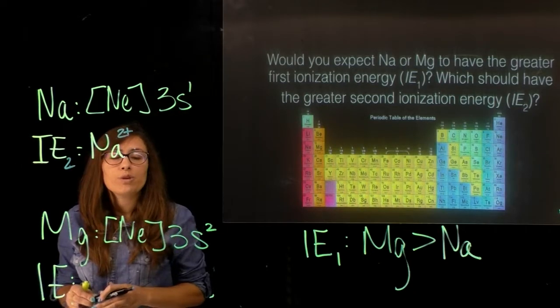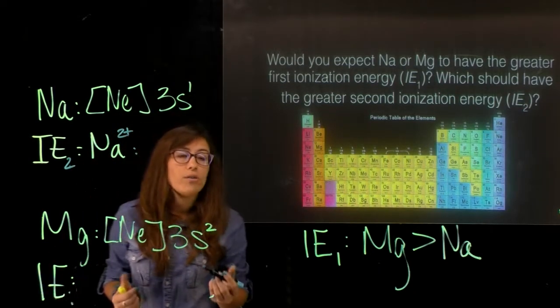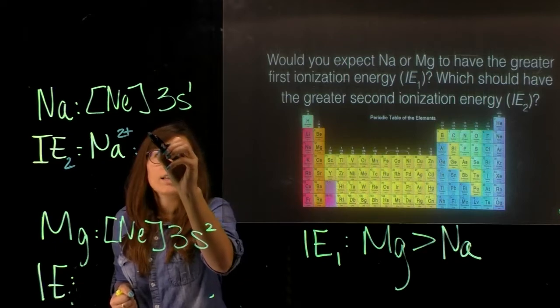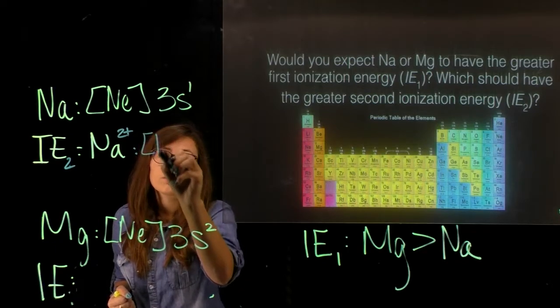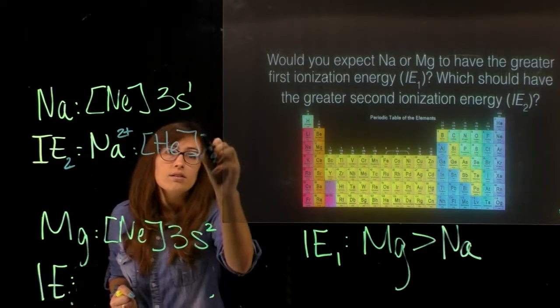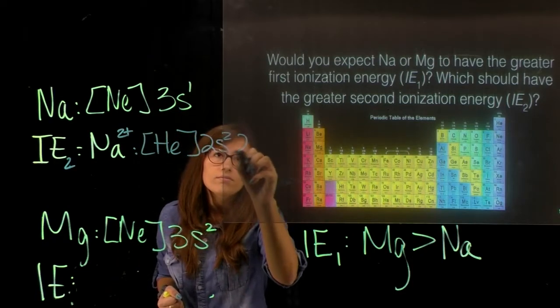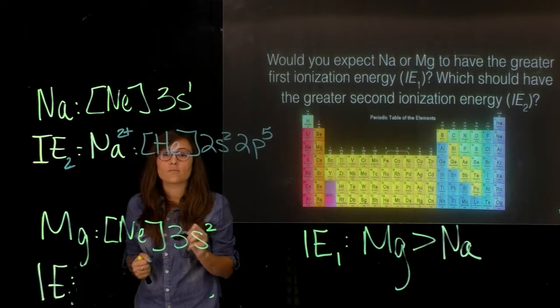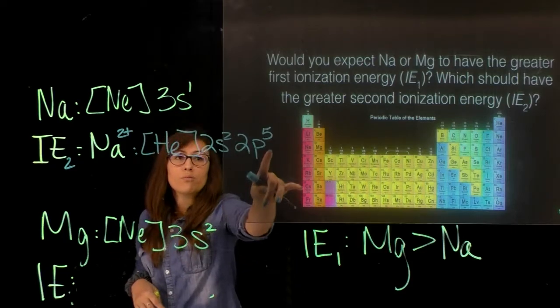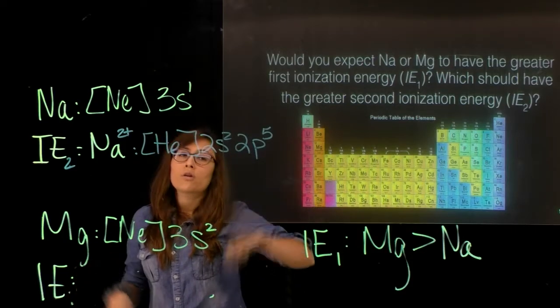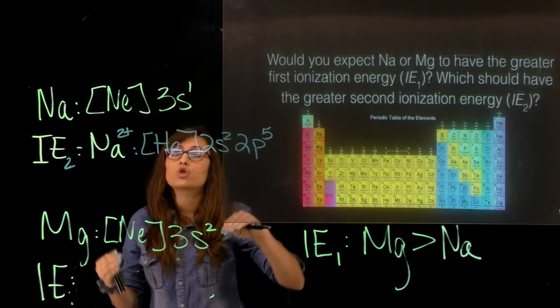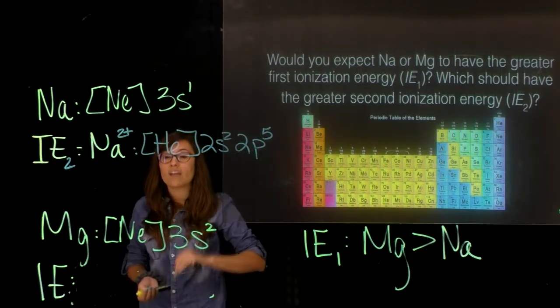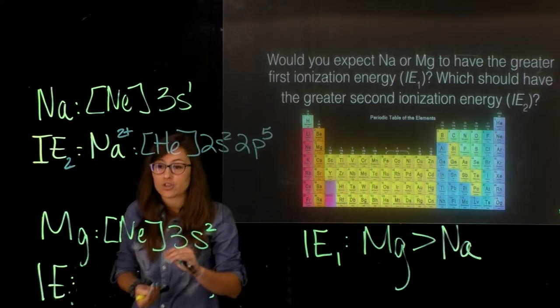So if we remove 2 electrons from that of sodium, it's going to have an electron configuration to that of fluorine, where at this point, if we remove 2 electrons, we're now removing an electron from its core electrons, which requires a significant amount of energy.